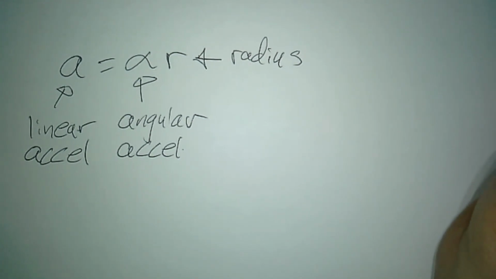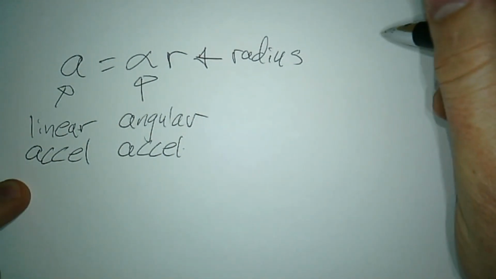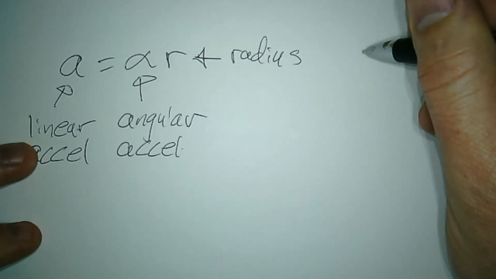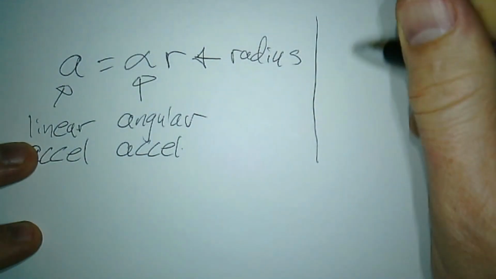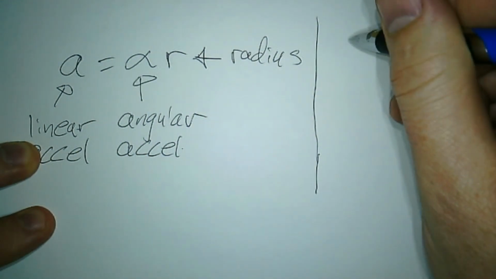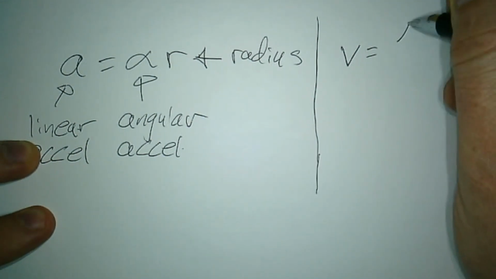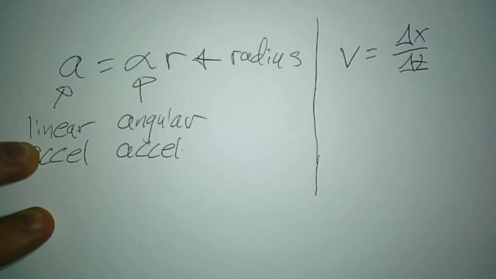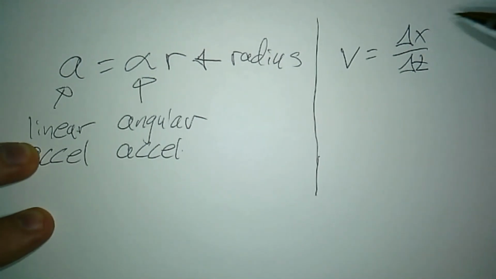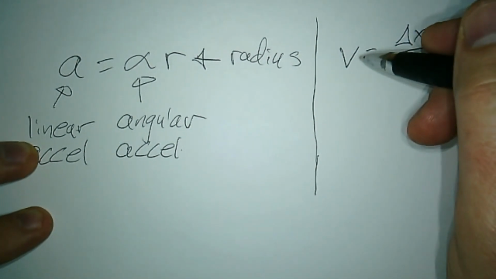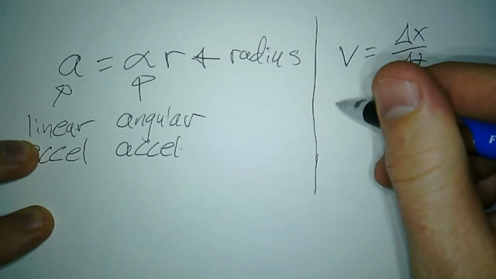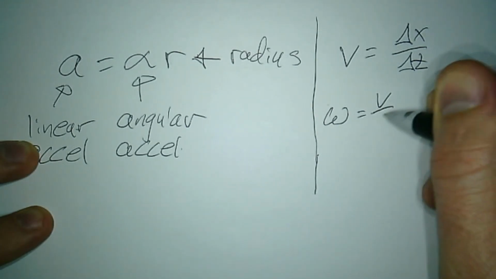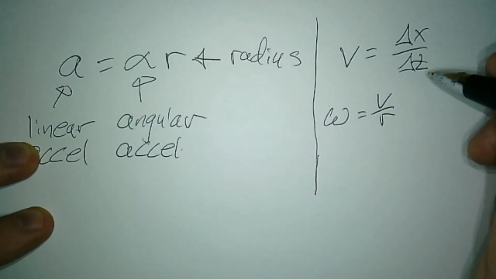Why are they all the same formula? Well, if I want to go for linear stuff, let's consider that. If I have position, how do I find speed from position? Well, I would say V is equal to your change in position over your change in time, right? So if I now wanted to go to angular speed, I could say, well, angular speed is omega, which is V over R, right?